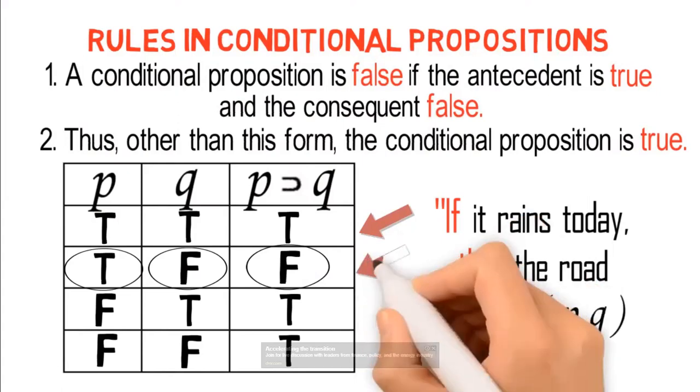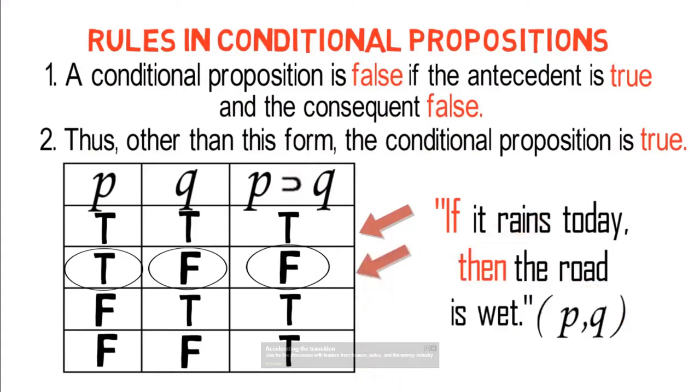Now in the second row, it says that P is true and Q is false. So P then Q must be false. This is because if it is true that it rains today, then it must necessarily follow that the road is wet.